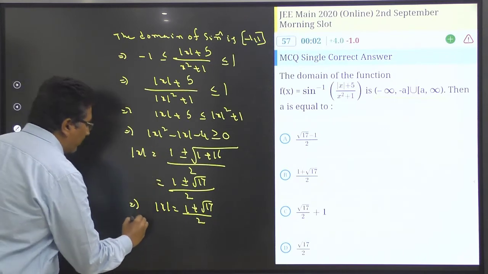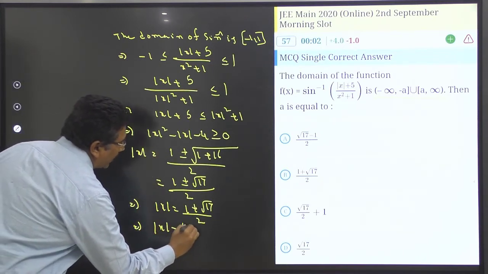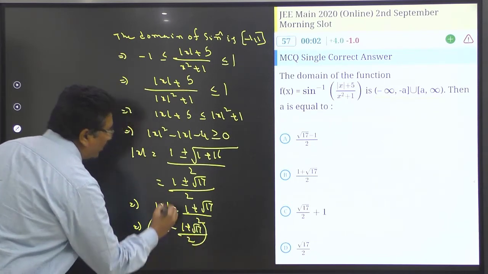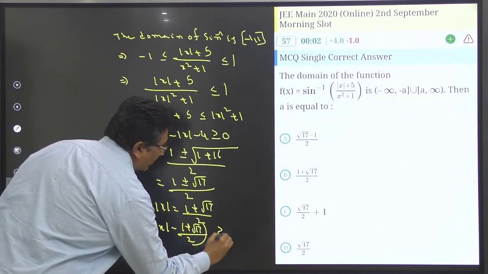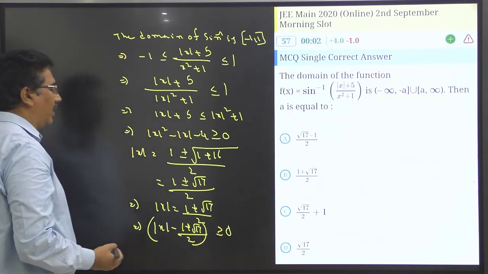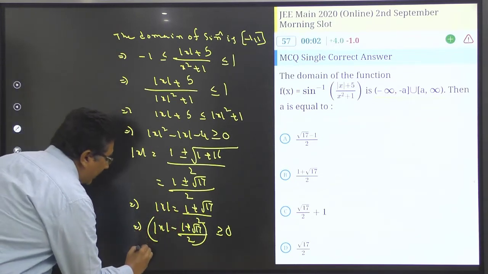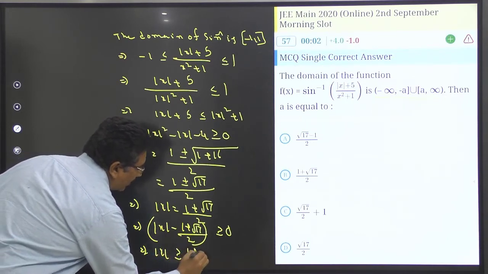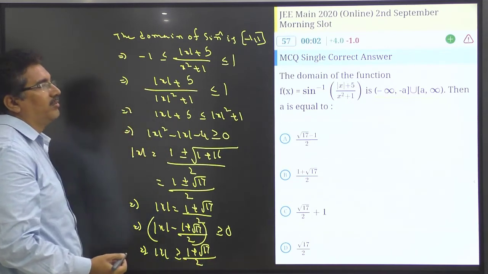That implies mod x minus (1 plus root 17) divided by 2 is greater than or equal to 0. Now mod x is greater than or equal to 1 plus root 17 divided by 2.